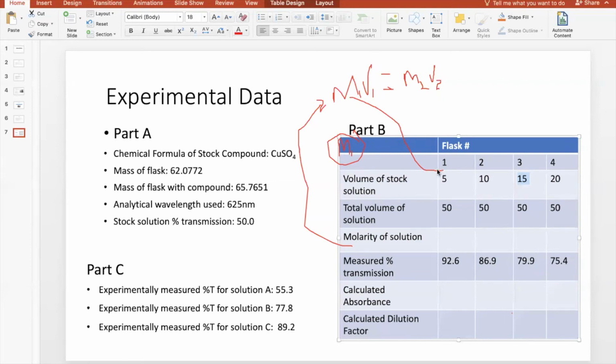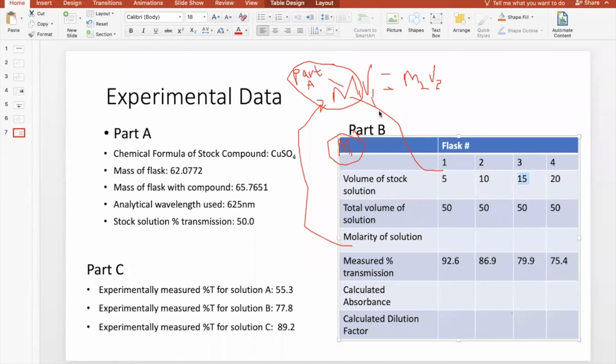Your M1 will come from here, from part A. M1 is from part A. By this time, you should know the molarity of your stock solution. That will be your M1.